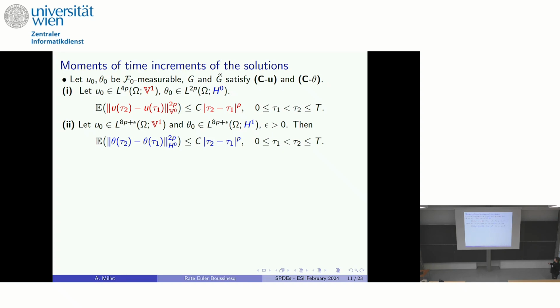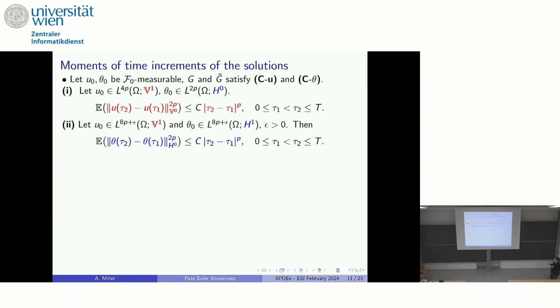So here, for the first step, because of this linear effect of theta, which I described in the very sketchy proof of the control of moments of velocity, I can start with an initial temperature which is only in theta 0.